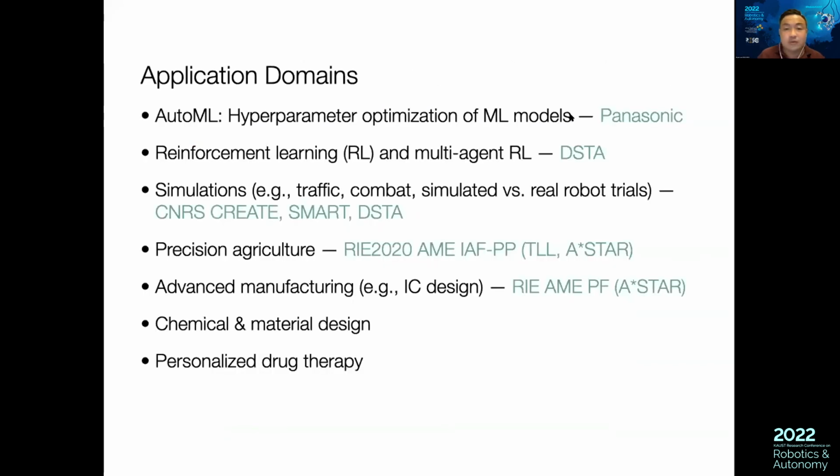Now, I've given you a rough overview, starting from what we call the fundamental issues of optimization. After that, I proceeded to talk about using Bayesian optimization in more complex problems. In terms of the application domains, the ones I've highlighted in green are the ones that we have either done or started to do.